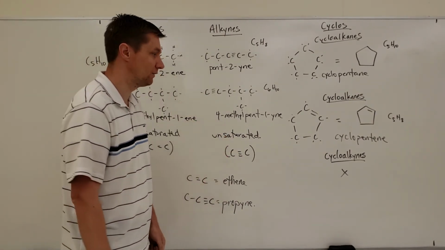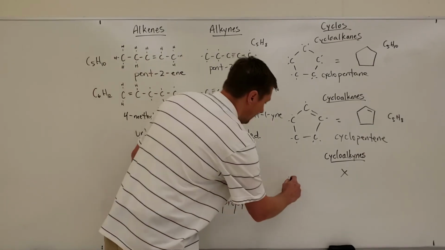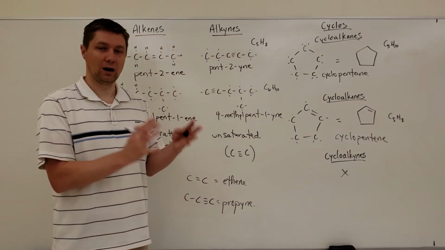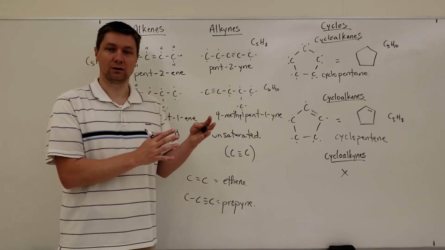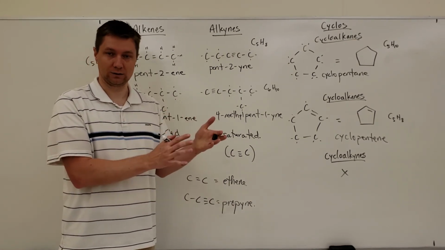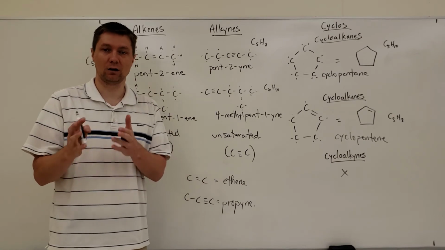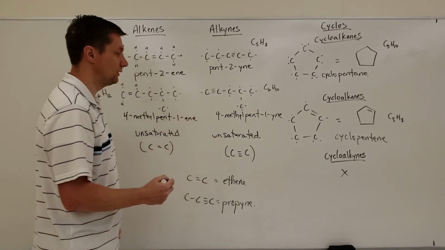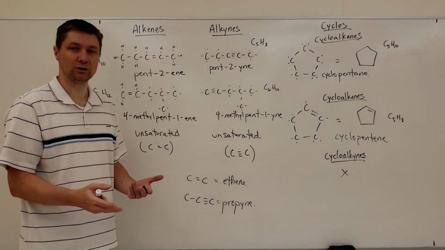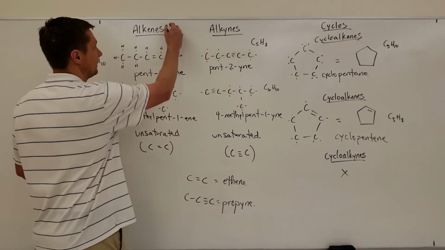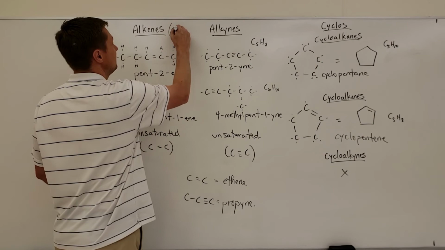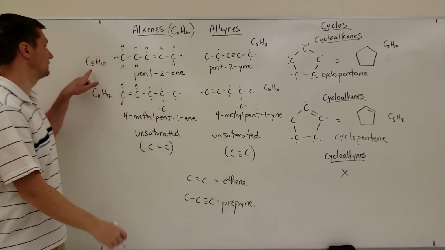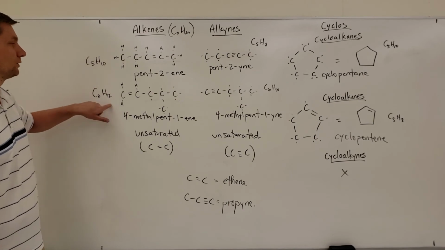And so the last thing that we can mention as it relates to the concept of isomers that we've learned in previous videos is that alkenes are isomers of cycloalkanes, and alkynes are isomers of cycloalkenes. And so these generic chemical formulas are like this. Alkenes have CnH2n, and you can see that this one follows that rule, and so does this one.